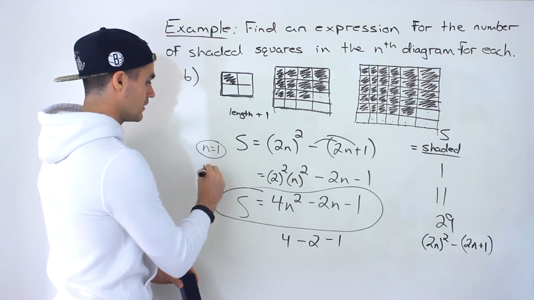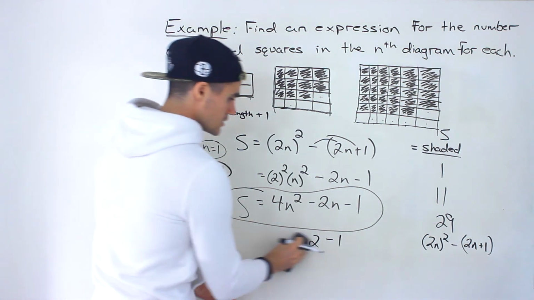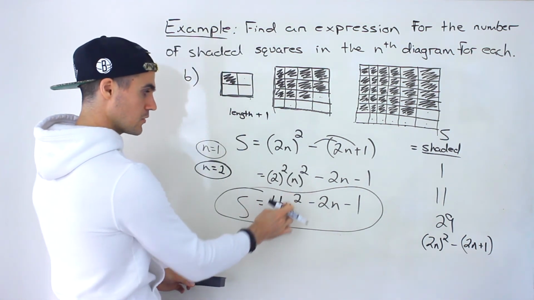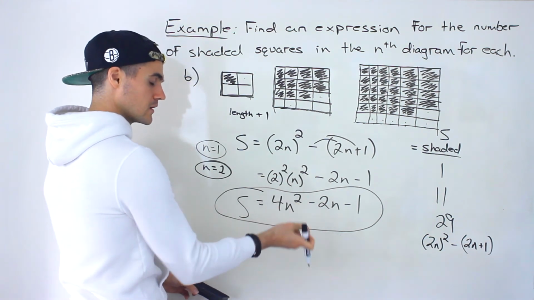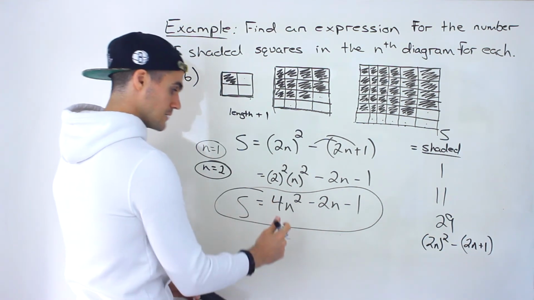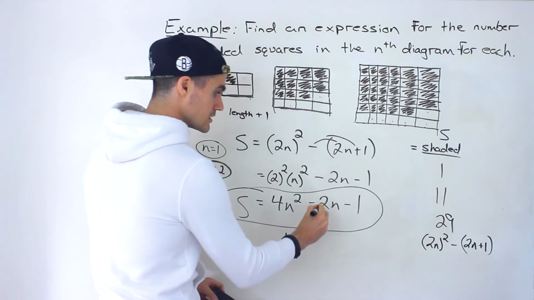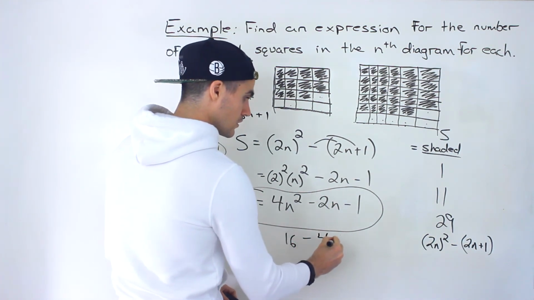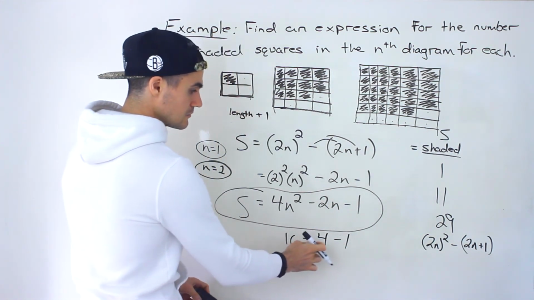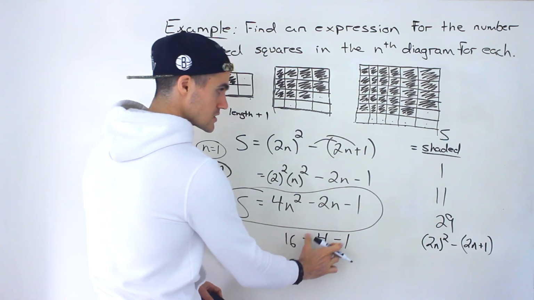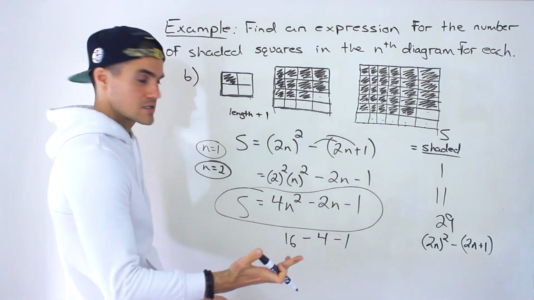What about when n is 2? We have to do the exponent first. 2 to the power 2 would give us 4. Times 4 would give us 16, minus 2 times 2 would give us 4, minus 1. 16 minus 4 is 12, minus 1 does indeed give us 11.